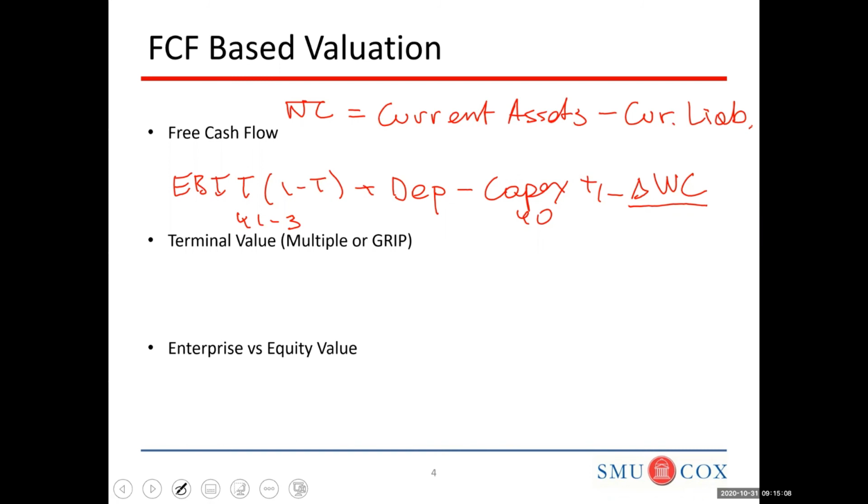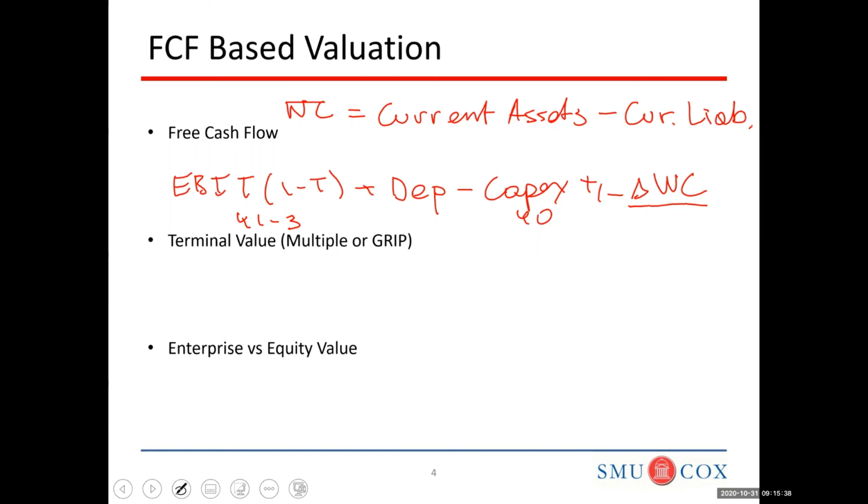One thing I want to draw to your attention, because sometimes you skip it: what goes into the calculation is the change in working capital. Let's say you had, I don't know, $100 in inventory and then $80 in accounts payable. So your net working capital, current assets minus current liabilities, is 20, right?